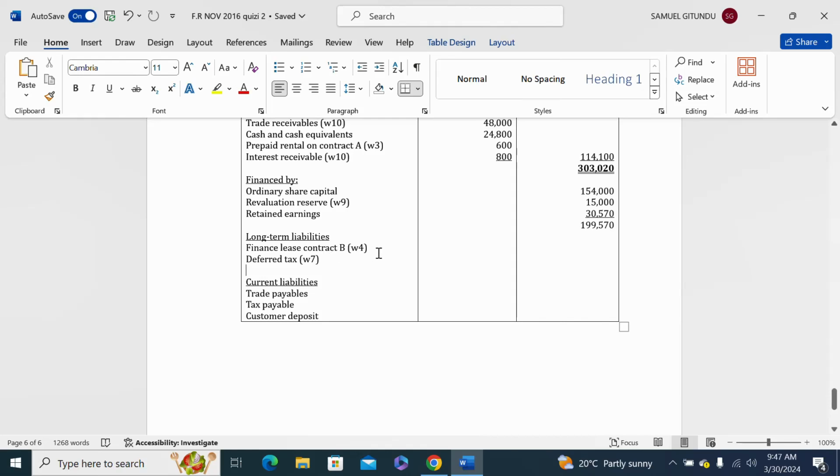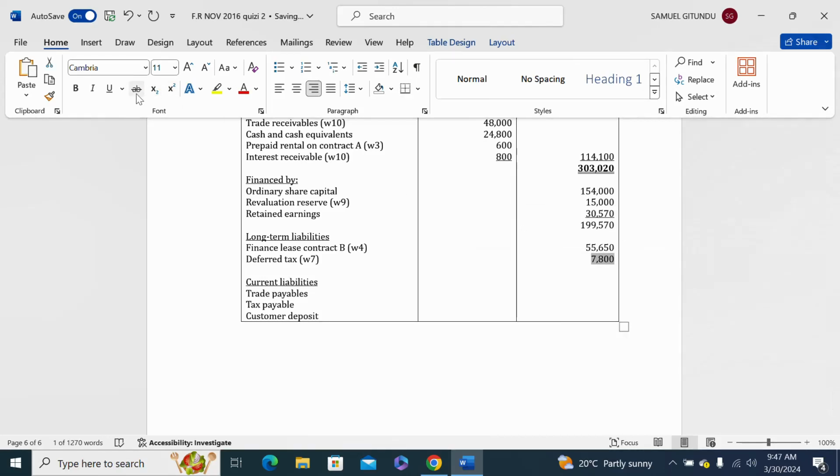That is the contract B working, which we got as 55,650. Then we have the deferred tax, which we got as 7,800,000.